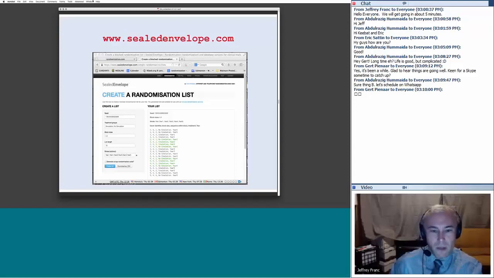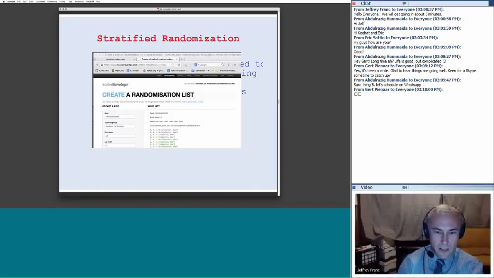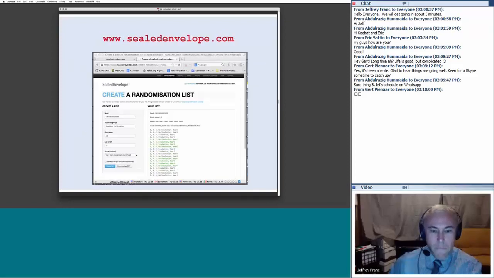So we want blocks of, we said here we would pick 4 students from each of 5 years, right? Actually here I think yep, that's right. So they're blocks of 4. Right? And so they're randomized by their year. So you'll see in that group there are 4 of each year, and they're randomized to simulation or no simulation, but balancing it out so that the two sides are relatively equal.